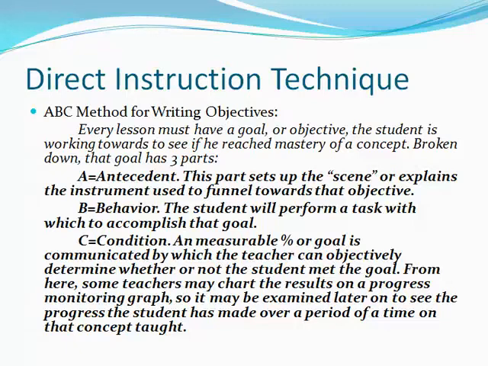A measurable percentage or goal is communicated with which the teacher can objectively determine whether or not the student met the goal. From here, some teachers may chart the results on a progress monitoring graph, so it may be examined later on to see the progress the student has made over a period of time on that concept taught. This is very, very useful for parent-teacher conferences as well as IEP special education meetings and planning sessions.